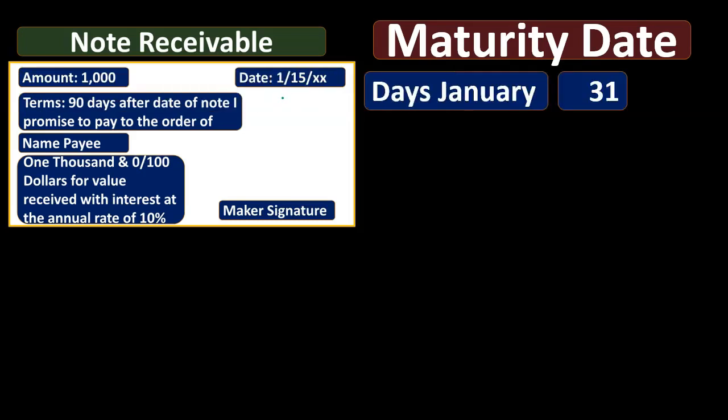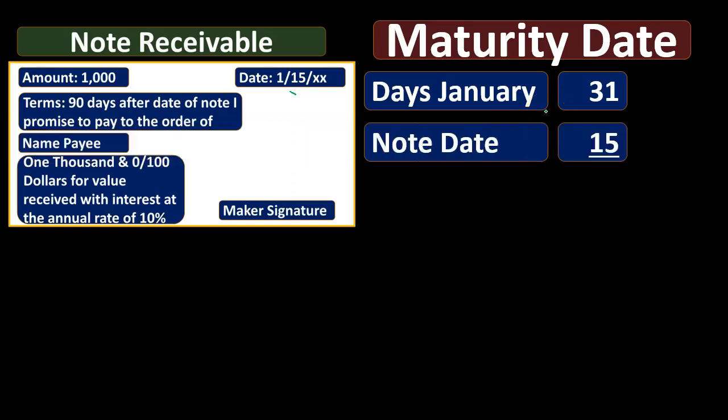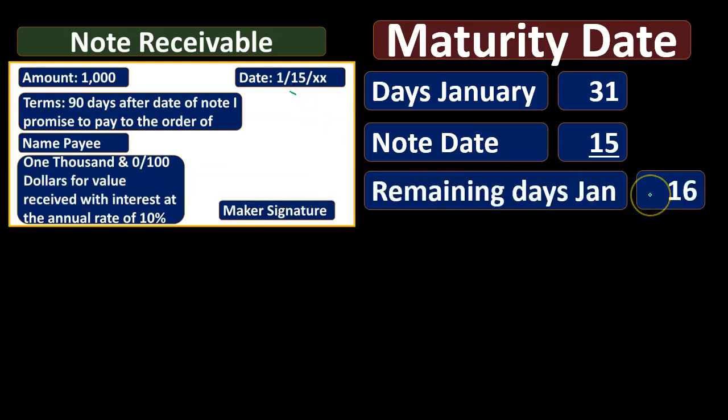So we can think about that by saying that, okay, we're going to count up 90 days. There's about 30 days in each month, but it's starting on January 15th. So we can start off with a little subtraction problem. We can say, well, there's 31 days in January, and we know that the note date is the 15th, so 31 minus 15 means there's 16 days left. Now be careful, because it depends on whether or not we're going to be counting the day of the note term, like this 15th day.